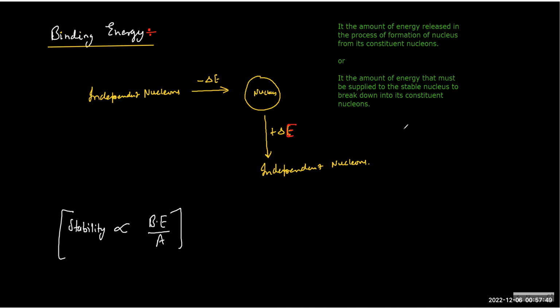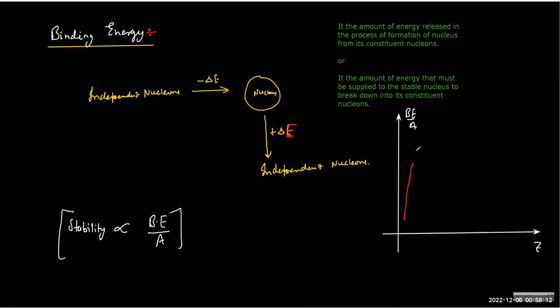So when you plot the graph of binding energy per nucleon with atomic number, the graph is interesting.